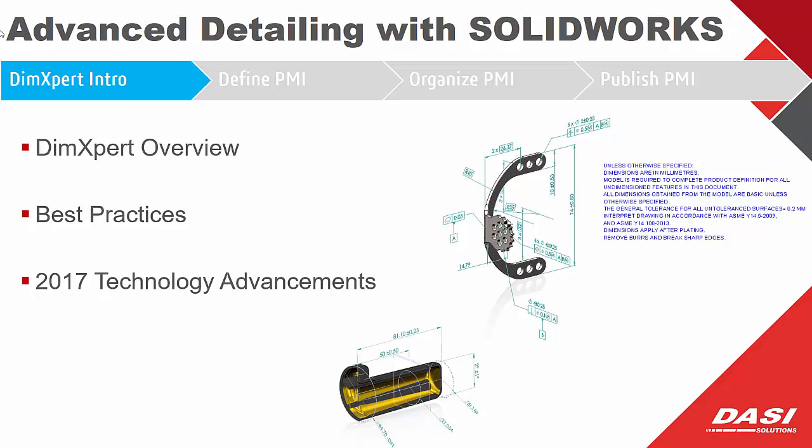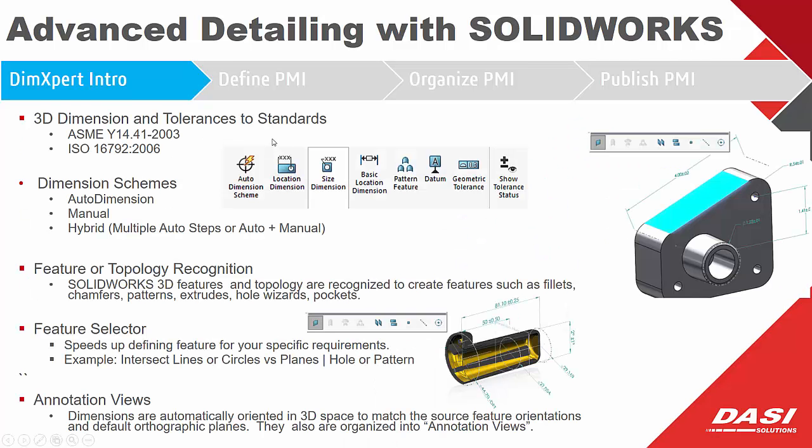In the next couple of minutes, I'm going to go through an overview of what DimXpert is, some use cases and exceptions and best practices, and a little bit about some of the newer technology in 2017. So what DimXpert is: as we're creating 3D models and sketches, we provide information for modeling that, but it's not necessarily the same dimensions or tolerances that we require for manufacturing operations.